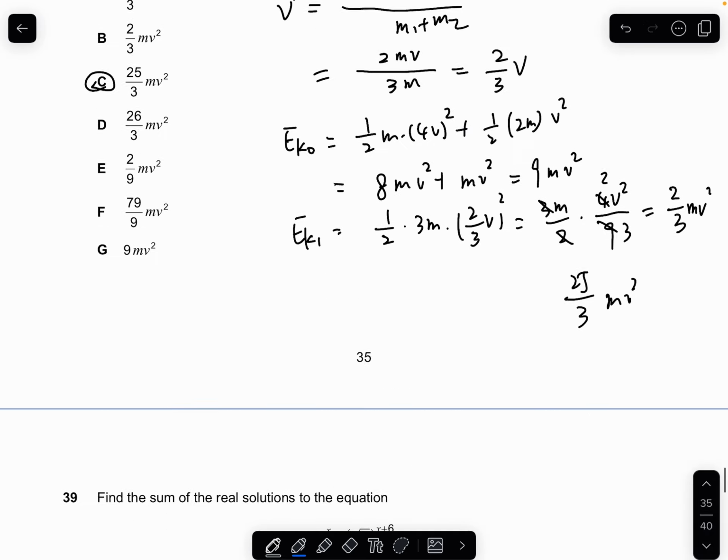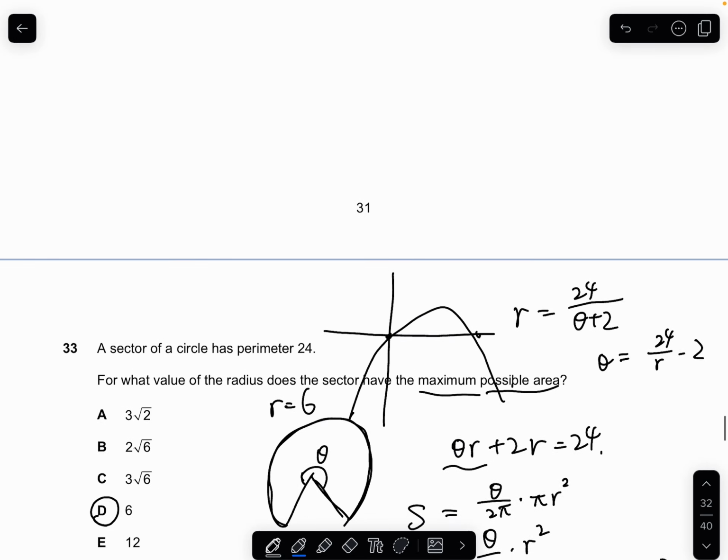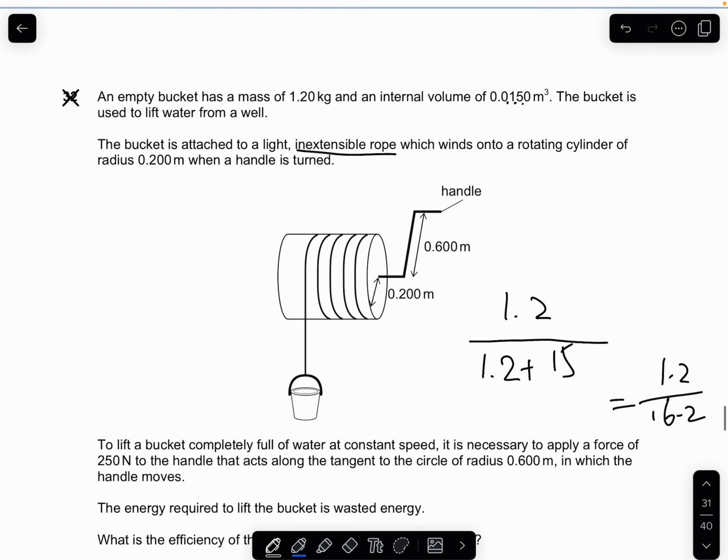Just this. Okay. I'll go back to that question. Which one? Here. It's a bit, no, just not very easy. So.